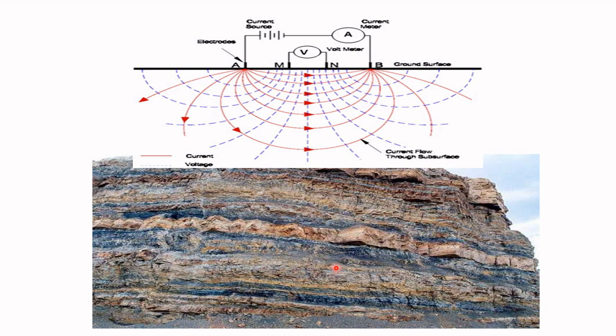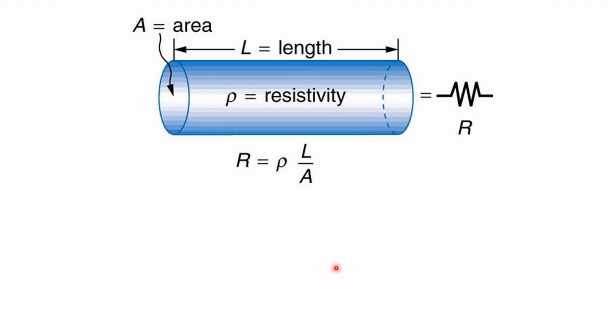Let's take an example of a cylinder. The resistance offered by a substance with a regular shape like this cylinder, or a parallelepiped, can be determined by R = ρ L/A. Here R is the resistance and ρ is the resistivity.